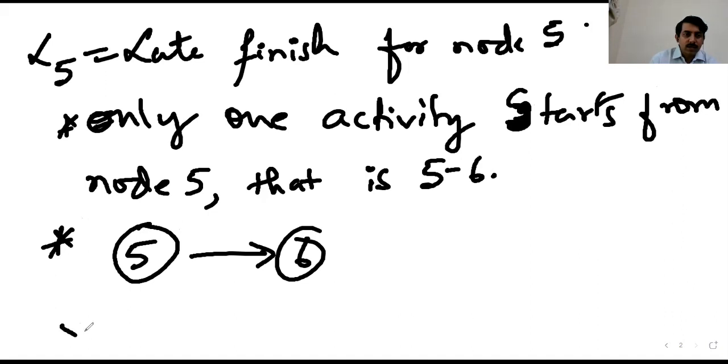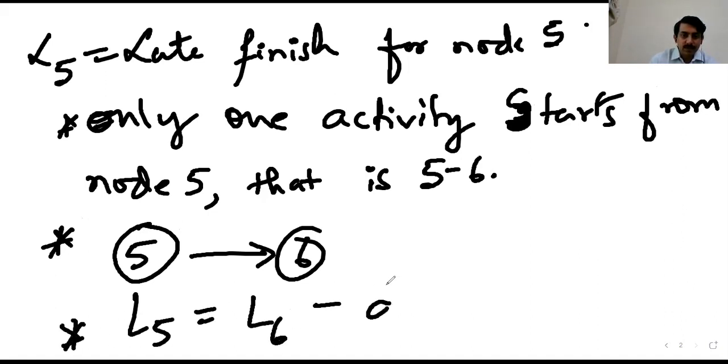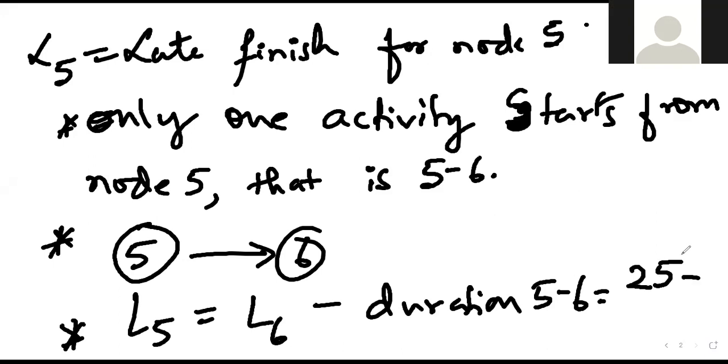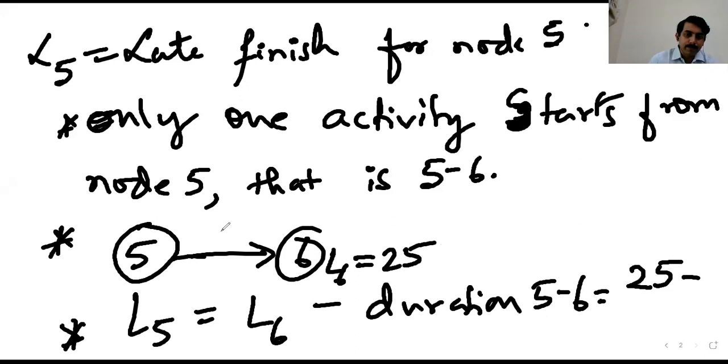That's right. The equation for L5 is L6 minus the duration of 5-6. L6 was how much? 25. And the duration of 5-6? 3 days, sir.